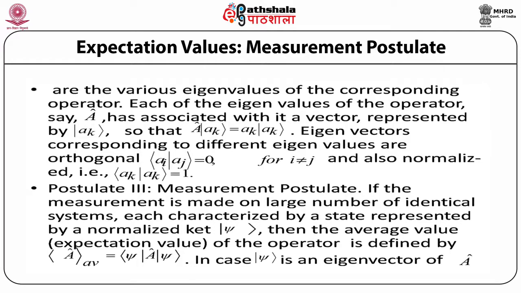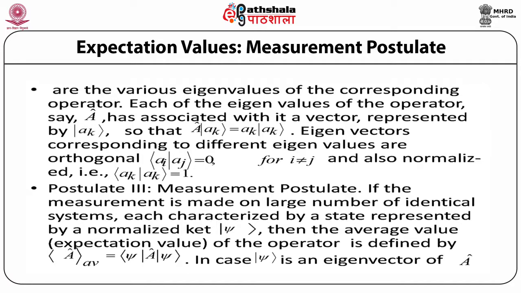So here what we see is that the operator A that acts on a state vector gives the corresponding eigenvalues associated with that eigenvector or the state vector, where these eigenvalues are the measurables or the observables of the physical system.